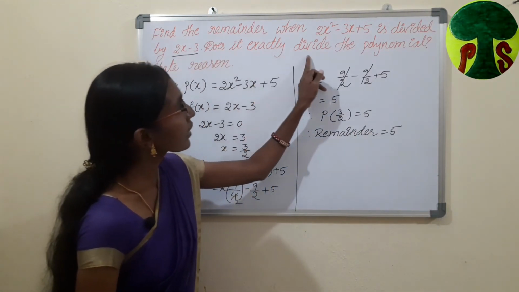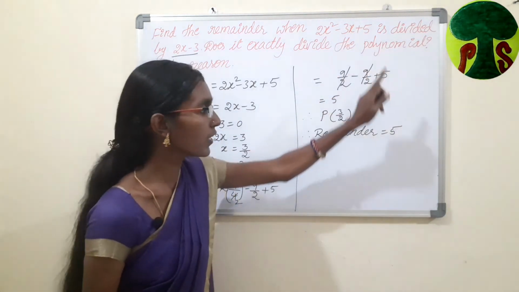Does it exactly divide the polynomial? No, because the remainder is 5.